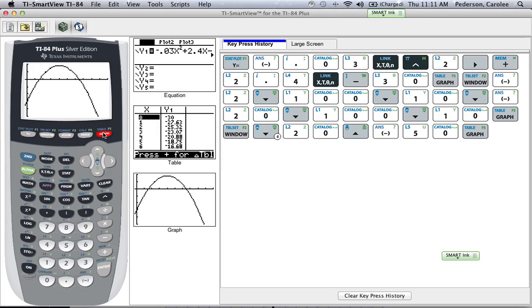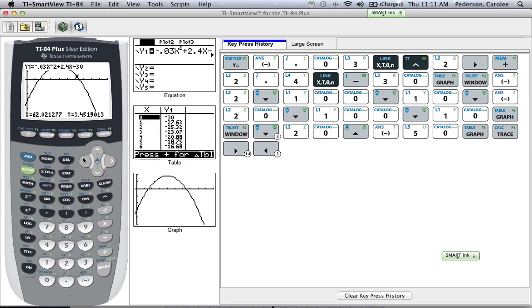Now, I have my graphing calculator still up here, so we're going to push the trace button. And notice my cursor. I can move my cursor along this parabola by just pushing the button to the right. And it can start to tell me where the points are. So there is my x-intercept, which is approximately 65, and then over 0.